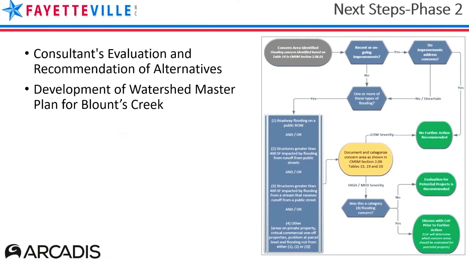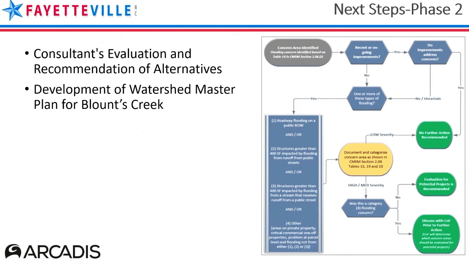Thanks for all that information, Jeremy. So as you can see in the flow chart, once the concern areas are identified, we put them through this decision-making process to determine whether or not potential projects should be evaluated to mitigate the concern.